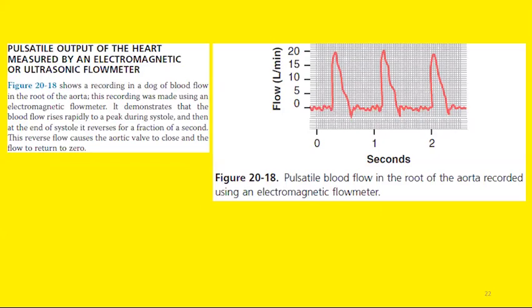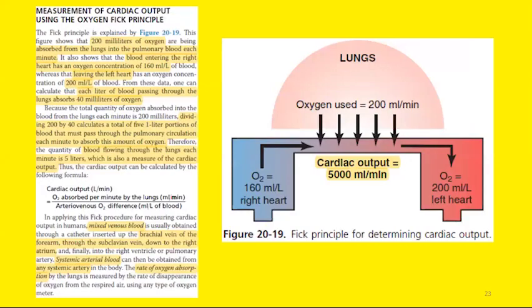The other method is the oxygen Fick method. Now, how can we measure cardiac output by the oxygen Fick method? So we all know that approximately 200 milliliters of oxygen is absorbed from the lungs into the pulmonary circulation in 1 minute.